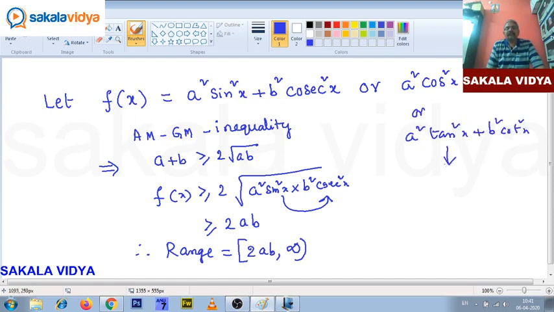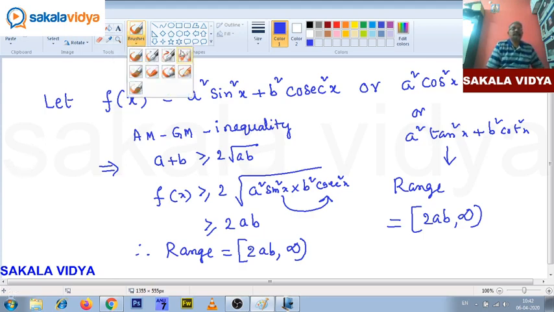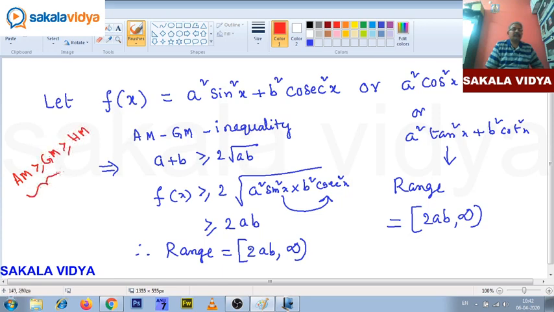For these also the same, range equals closed 2ab to infinity, that is all. AM is always greater than or equal to GM, that is absolutely correct. So, that means arithmetic mean is always greater than or equal to geometric mean, greater than or equal to harmonic mean. Let us consider these two. So, we get this condition.